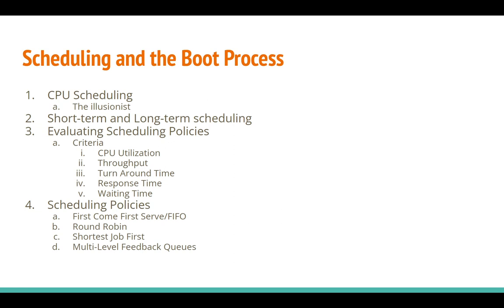Then there's shortest job first. Shortest job first is ideal because you want to run the shortest job so that your CPU is getting the most throughput as possible.